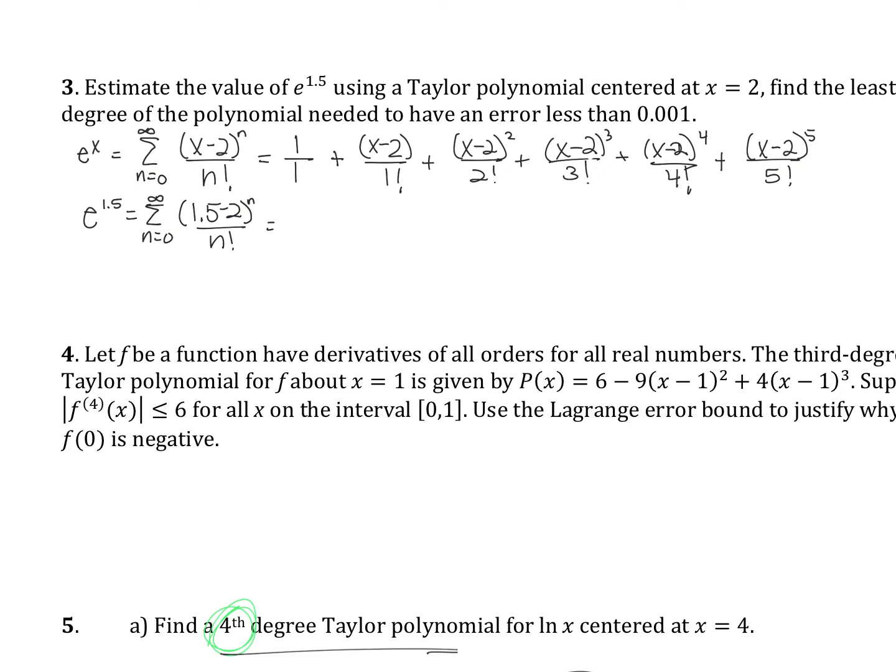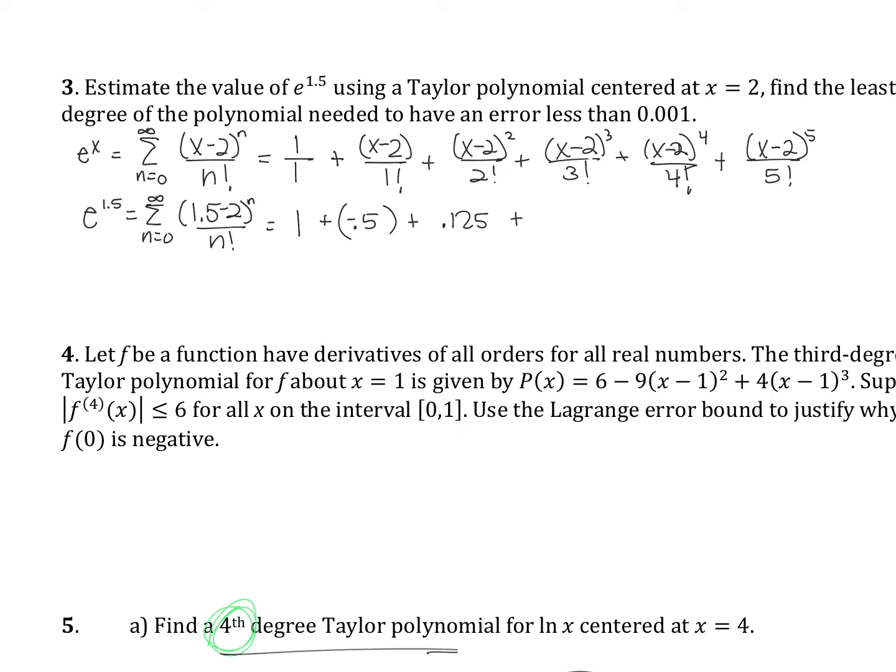Which when we substitute this in, well, that term's 1, then I would have (1.5 minus 2) to the first over 1 factorial, which would be plus negative 0.5, right? Plus 0.5 squared over 2 factorial, that one will end up positive. So if you type it in your calculator, you end up with 0.125.